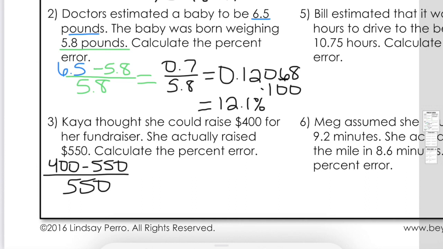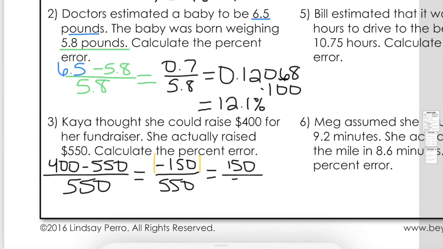So 400 minus 550 would give you negative 150 divided by 550. But remember, it wants you to use the absolute value. So negative 150 is how many units from 0? Well, it's 150 units away.